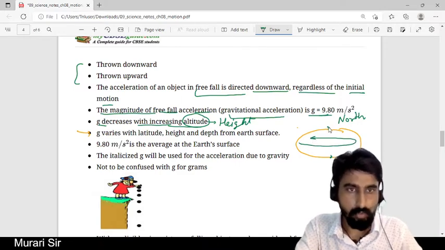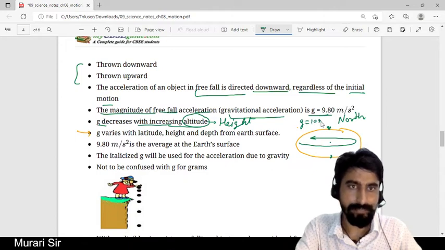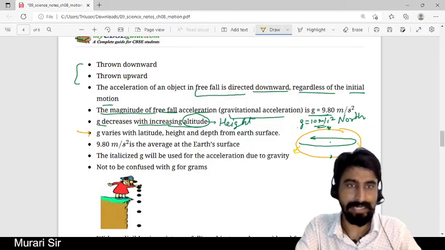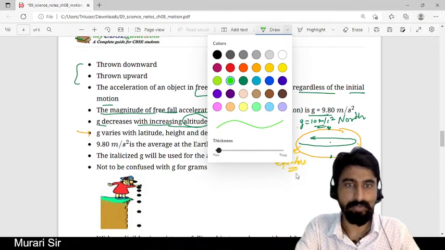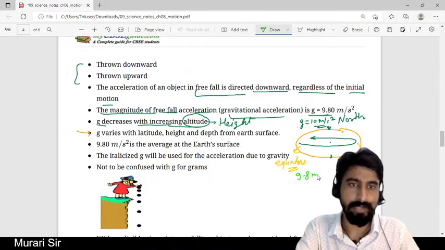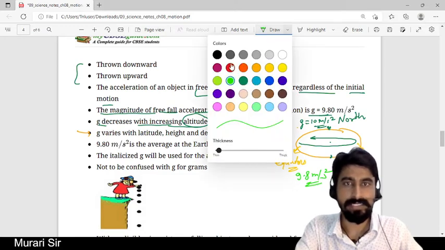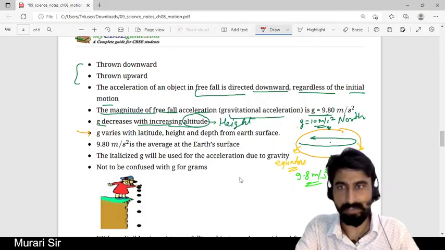North pole and south pole are a little bit closer to the center of earth, so the value of g at poles is 10 meter per square second, whereas the value of g at the equator, what will it be here? Its value will be 9.8 meter per square second. Okay, perfect. Now let's come to the next part.